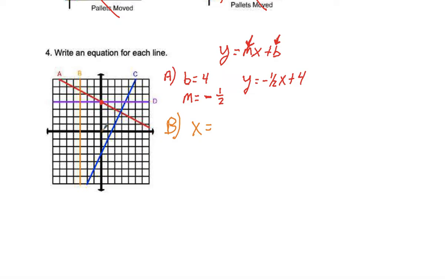From the origin it is left 1, 2, 3, which means x equals negative 3. And I would put something in my notes about this. I would put vertical line is, and then put x equals a number, right?